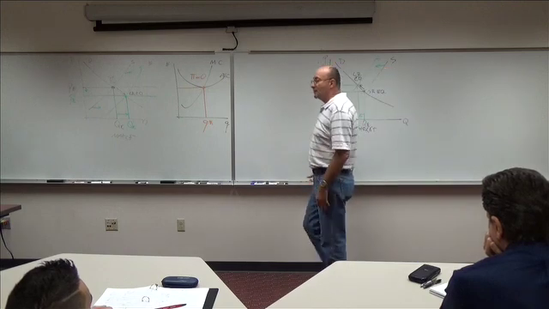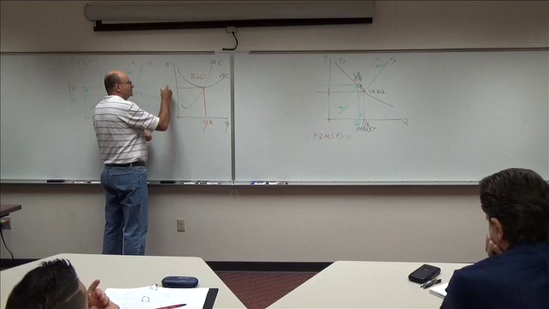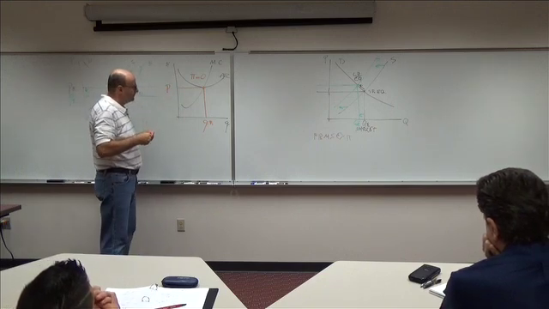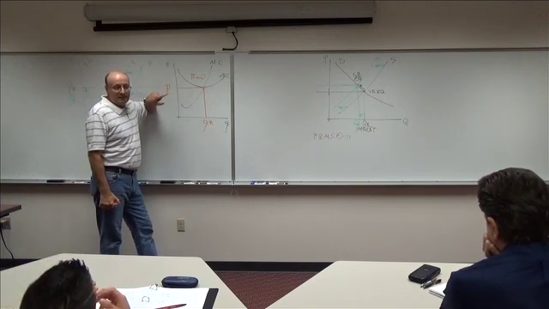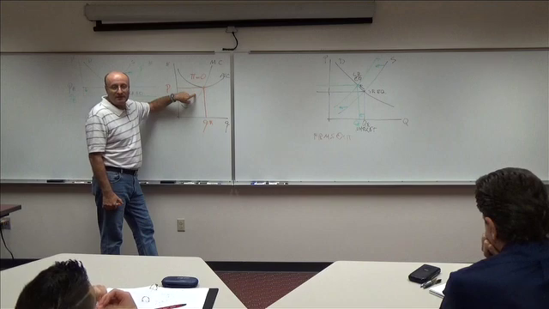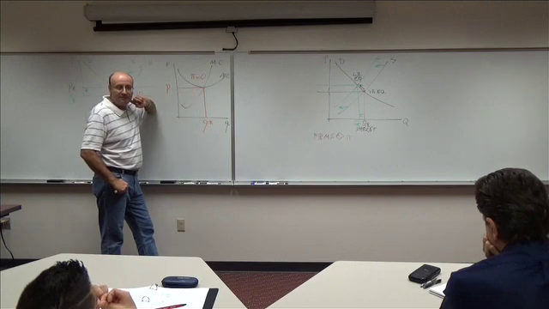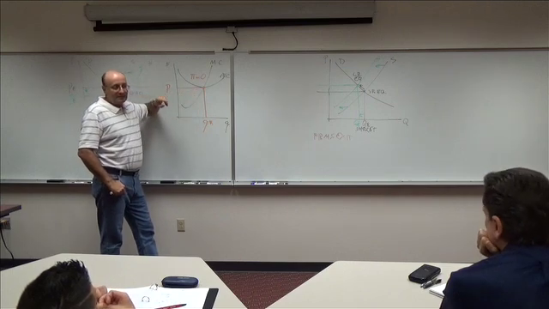Now, why is this important? This is the single most important result we derived this semester, guys. Finally, we're about to show where efficiency comes from. Think about it, guys.